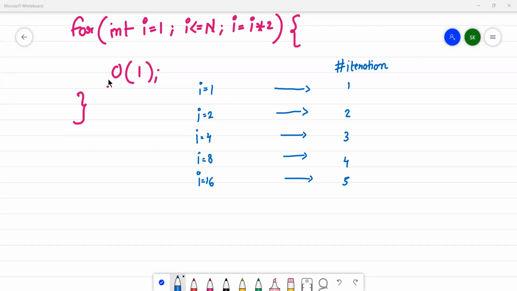Can you find some relation between your I value and the number of iterations? Just tell me that. I'm waiting for your answer.